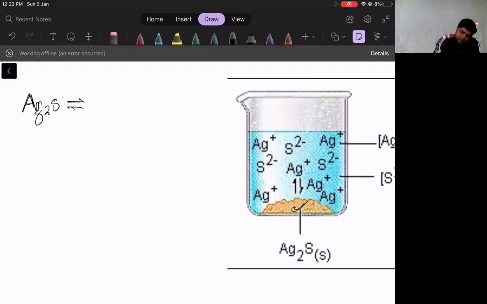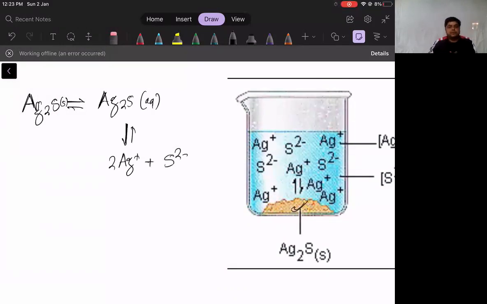The solid Ag2S will be dissolving and forming the aqueous Ag2S form. Now this will be dissociating into 2Ag plus and the sulfide ion S2 minus. So we do have these dissociated ions.